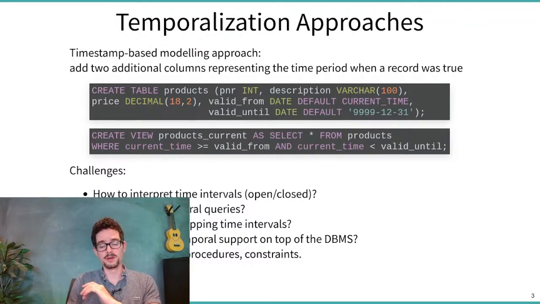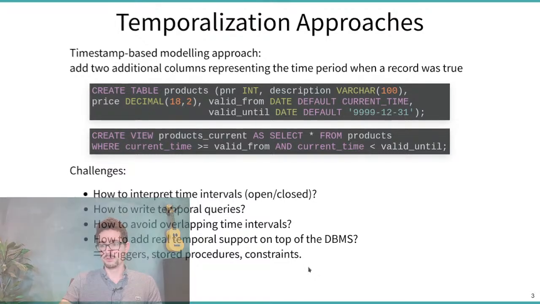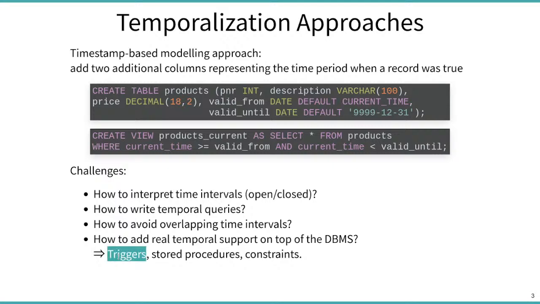You have to do many things manually. And when you want the database system to do this kind of automatically, you can install some triggers. For example, you create a trigger after delete on this product. Don't really delete that product, but insert it again and set the valid until date to the current date or something.